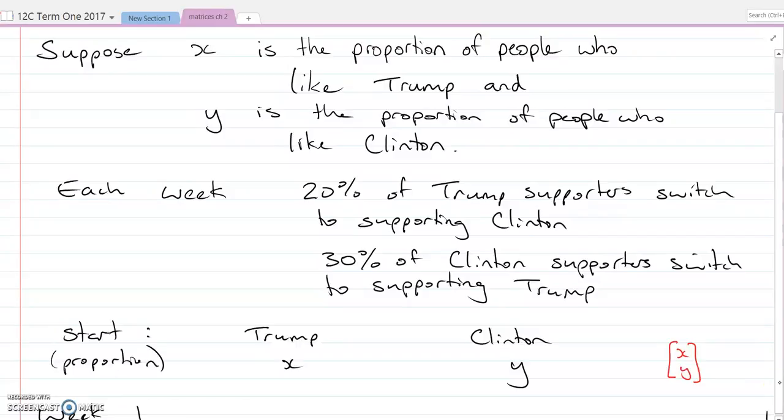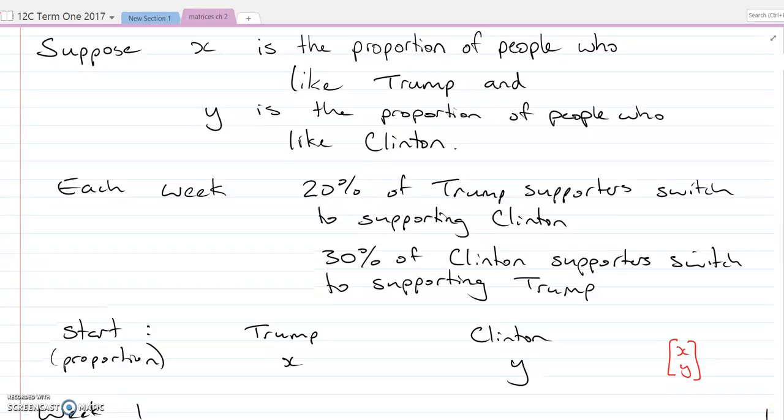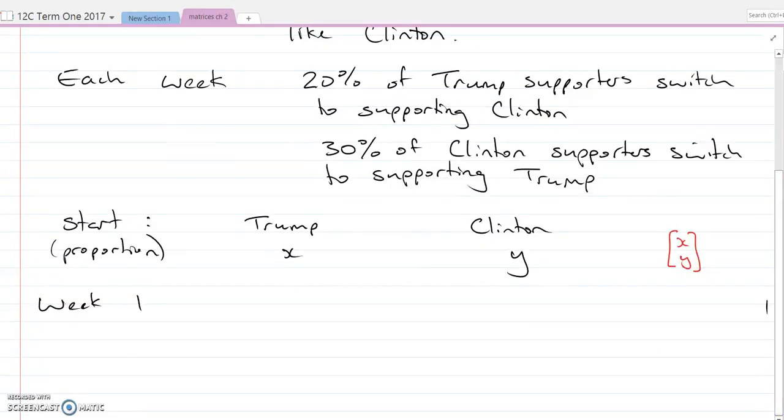So let's start scrolling down a little bit here, and here's what we start with. Trump has X, Clinton has Y, and we can put that in a little matrix like this, X and Y. Okay, that's what we start with. After a week now, we're going to figure out what proportion of supporters Trump is going to have after 1 week.